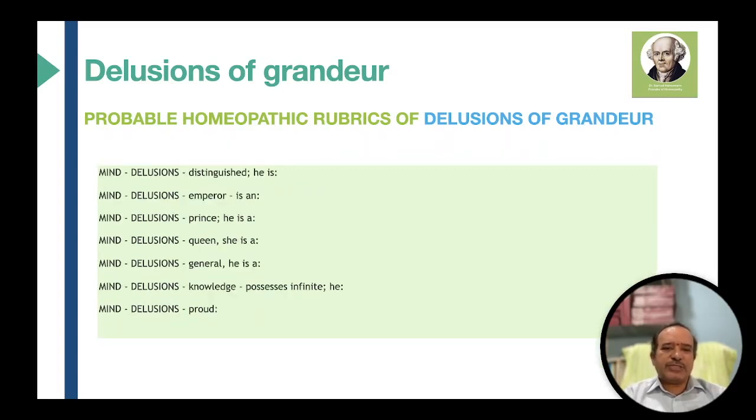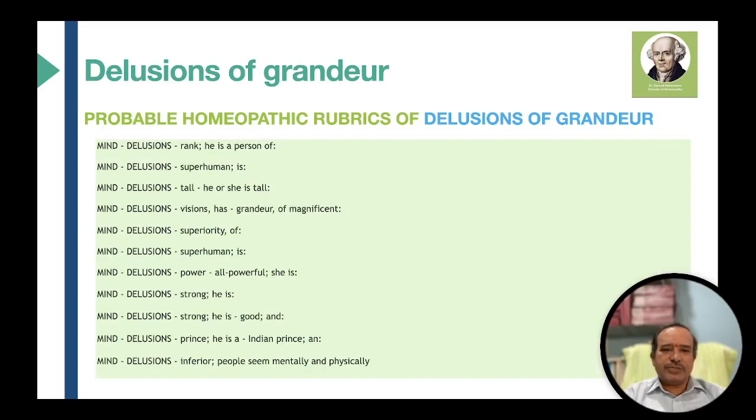Delusions, distinguished he is. Delusions, he is an emperor. Delusions, he is a prince. Delusions, she is a queen. Delusions, he is a general. Delusions, he possesses infinite knowledge. Delusions, proud. Delusions, he is a person of rank. Delusions, superhuman.